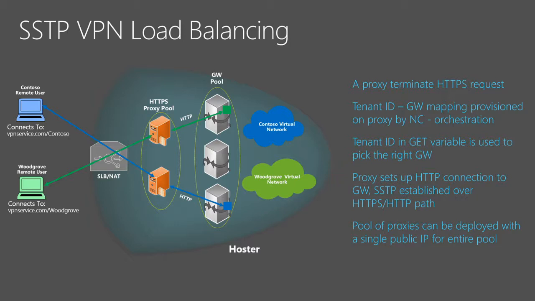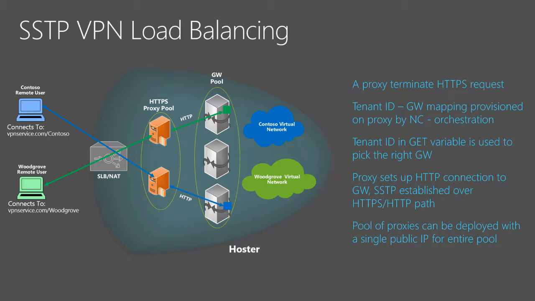The only change they have to make is, in the address of the server, they have to append a tenant identity. When the HTTPS request first goes out, it is terminated on the proxy. The proxy receives this tenant information through a GET request in the HTTP connection. As part of provisioning the endpoint, which we saw in the previous slide, when an S2S connection request comes in, you pick the gateway and provision the S2S endpoint on it, right?